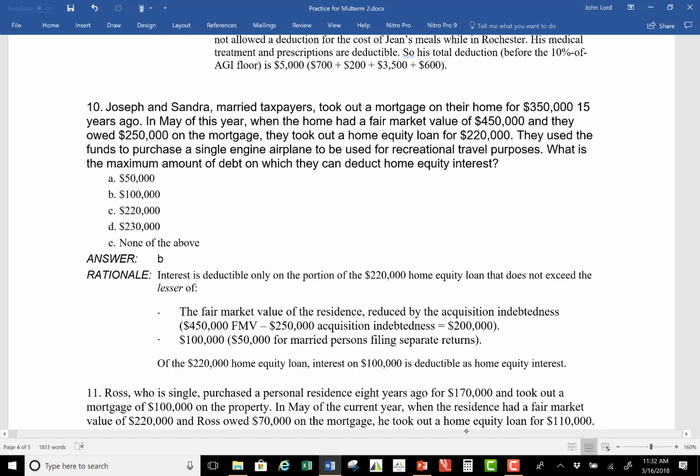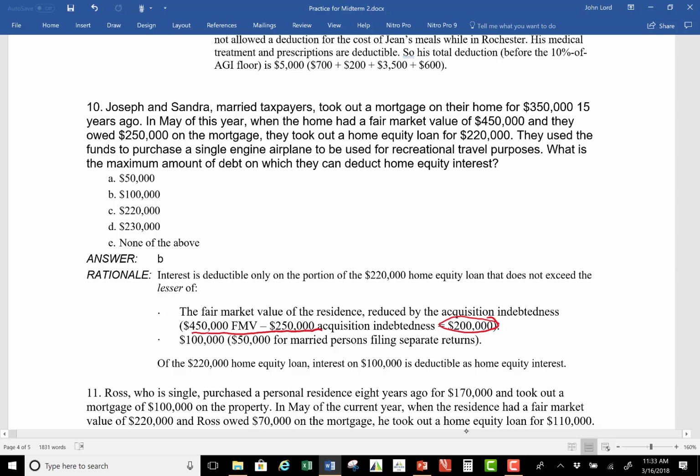I guess the bank's willing to lend them a second mortgage. They must make sufficient income that the bank is satisfied loaning them more than the equity that they have in the home, because they only have what? $450 fair value minus $250. They only have $200,000 of equity in the home, but the bank loaned them more.